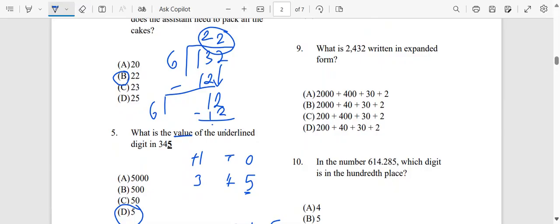So let's put our place value: we have ones, tens, hundreds, and thousands. And let's put on our numbers now. We have the 2 in the ones place, the 3 in the tens place, 4 in the hundreds place, and the 2 in the thousands place.